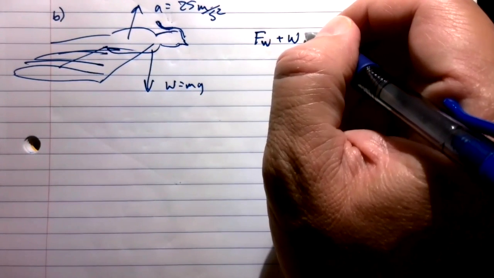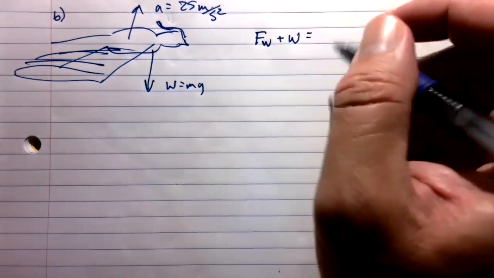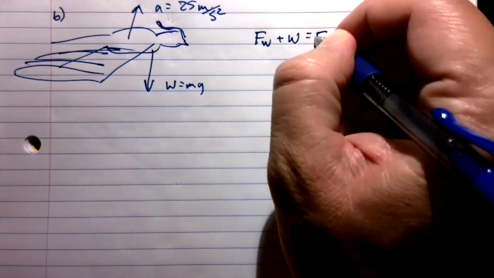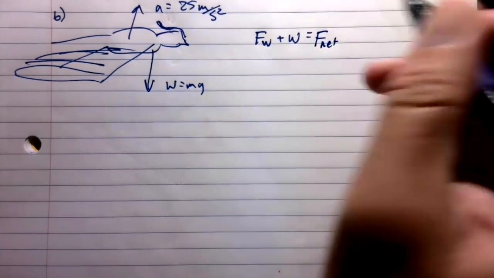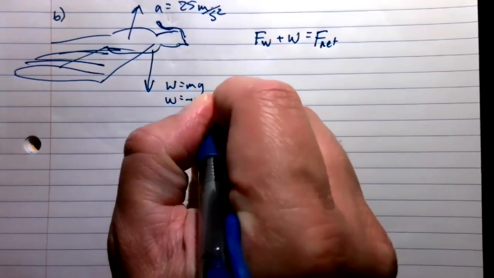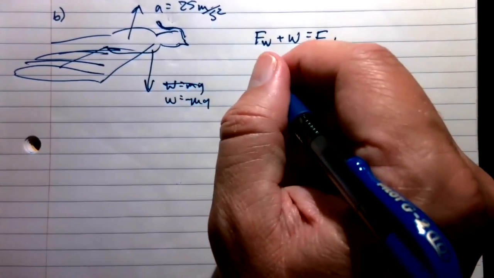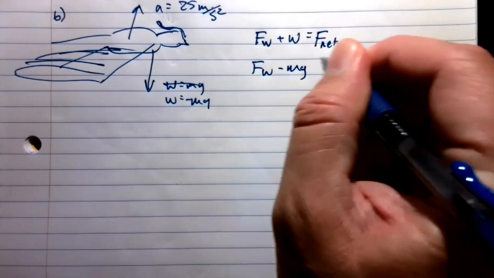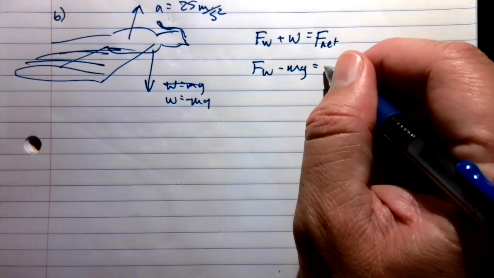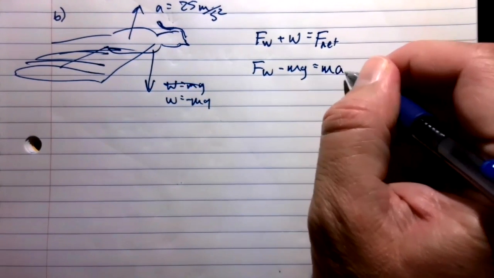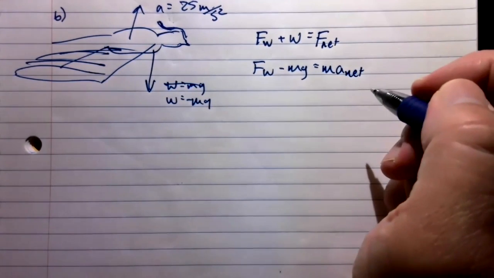So we're summing our forces equals our net force. W, we'll say W is equal to minus mg, okay? So we'll have Fw minus mg equals m times a, our net acceleration.